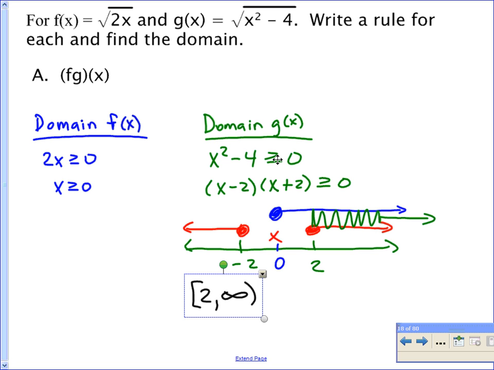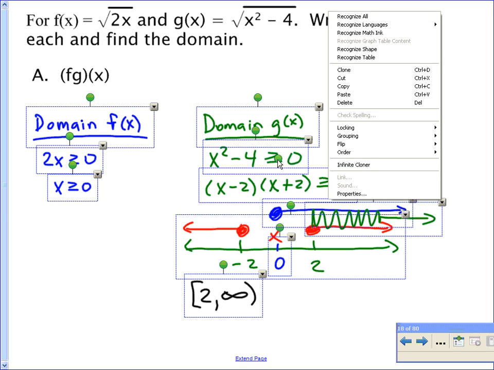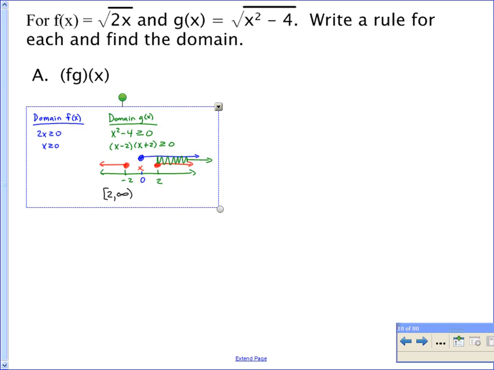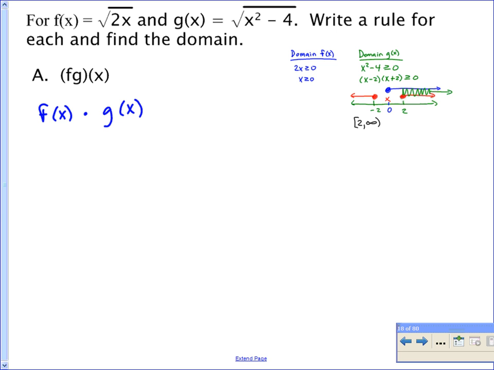And once I have that, now we're going to find f times g of x. Okay, so that was the original problem here. Move some of this out of my way. Okay, so my f times g of x is going to be f of x times my g of x.